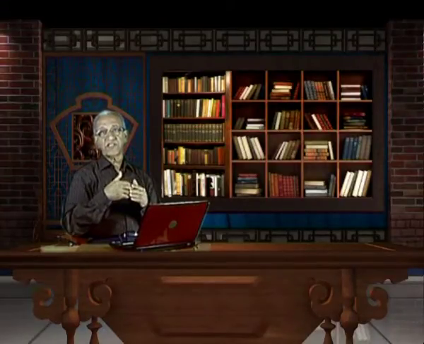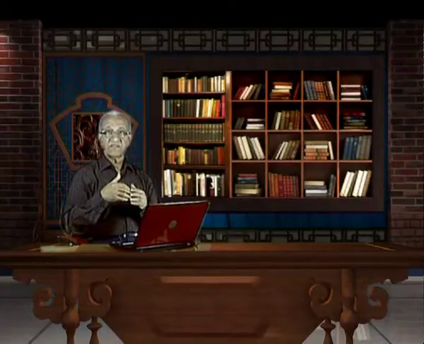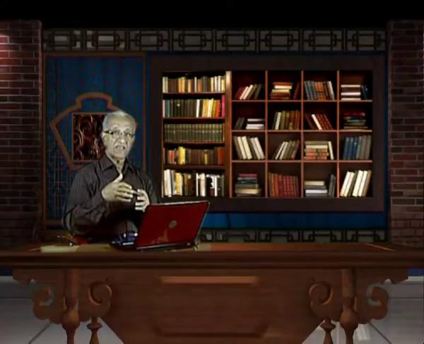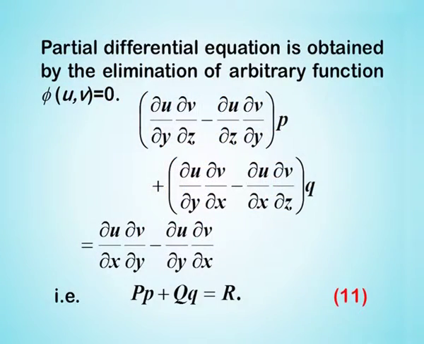The first is by eliminating arbitrary constants, do you recall? That is function of x, y, z and then a and b. We removed a and b. The second method that we tried to understand in the last lecture was by elimination of the arbitrary functions. We are applying that thing.